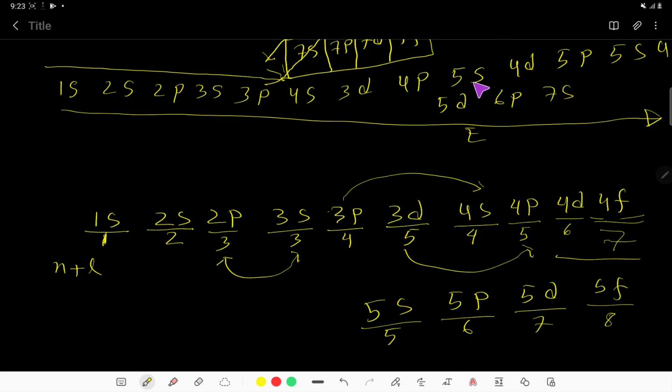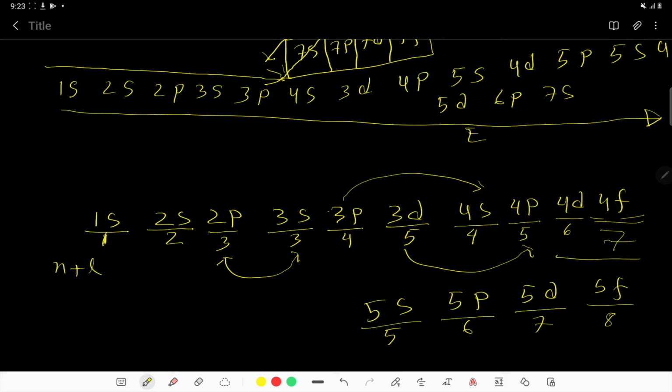So 5s, after 5s we will consider this 4d, because if you compare 4d and 5p, the energy of 4d is lower because of the lower value of n.